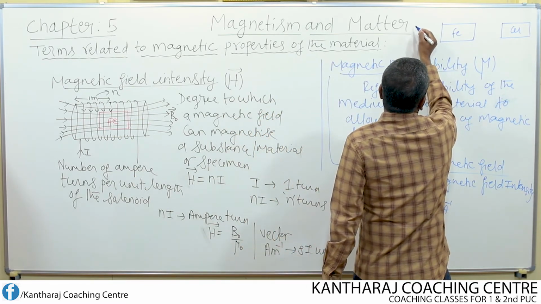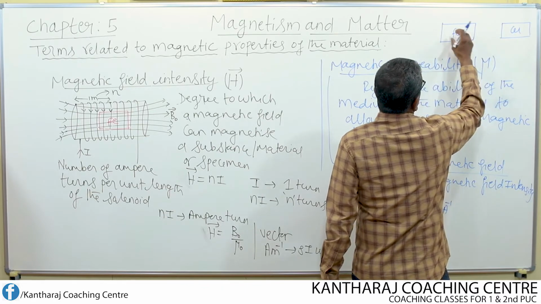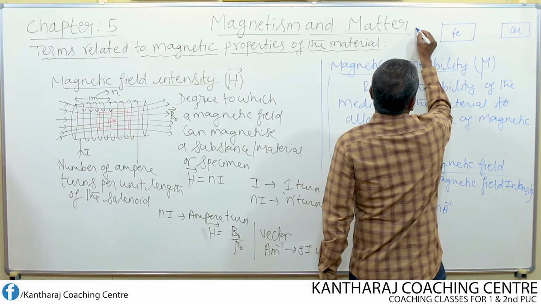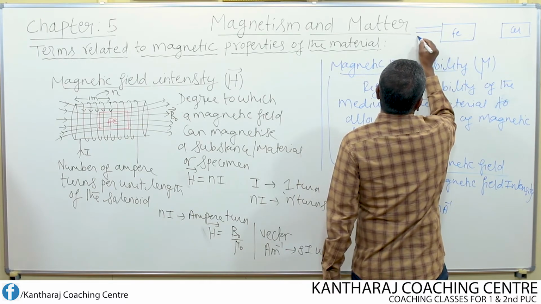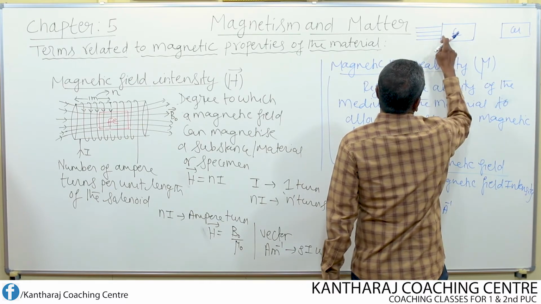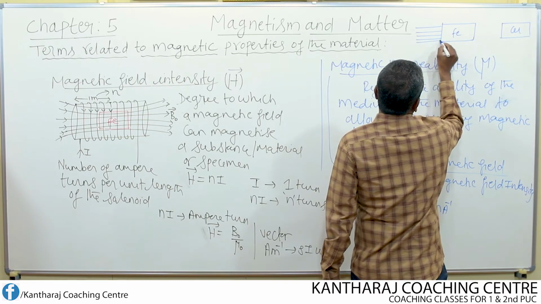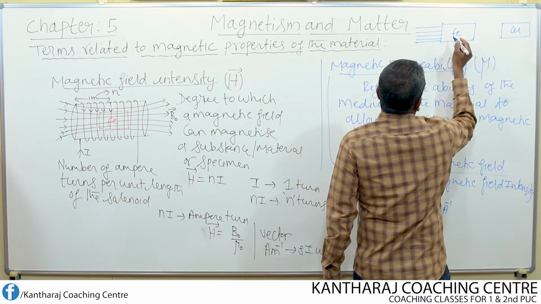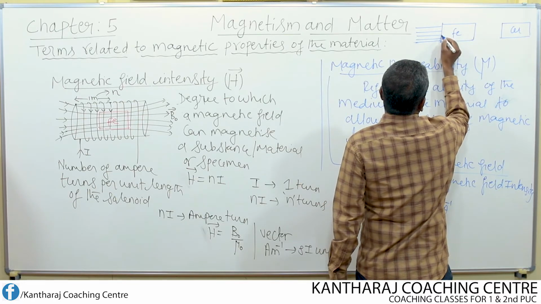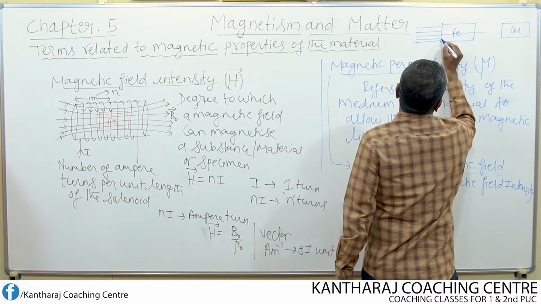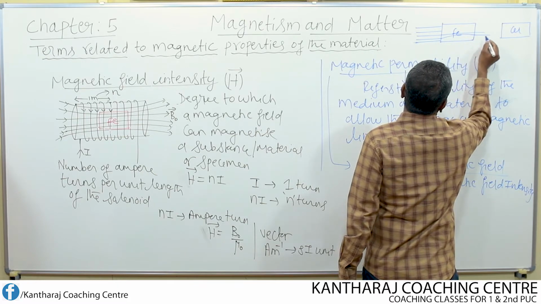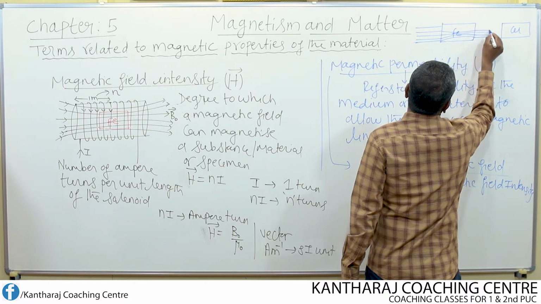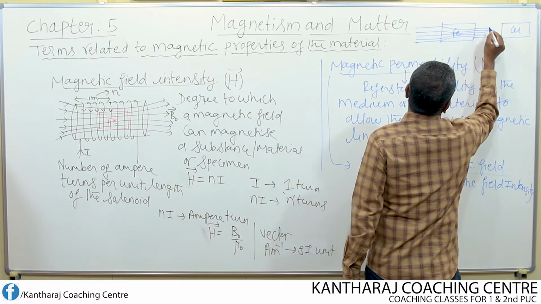It is found that more magnetic lines of force pass through the iron than through the copper. As an example, I have taken 5 magnetic lines of force. Out of 5, nearly all the magnetic lines of force can pass through the material, like this.